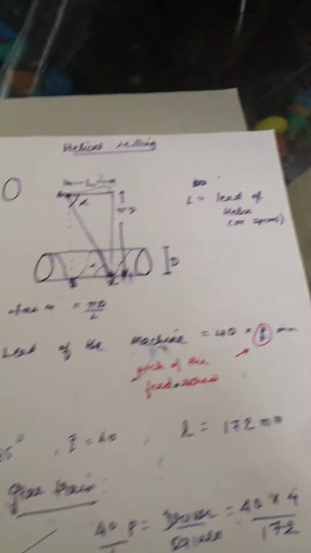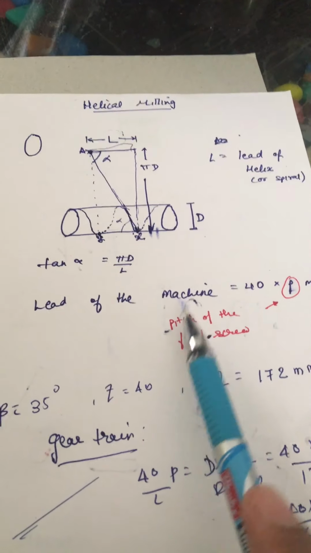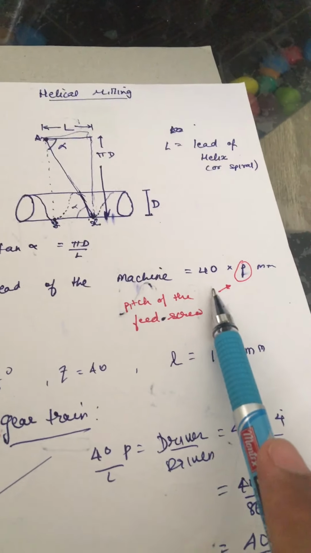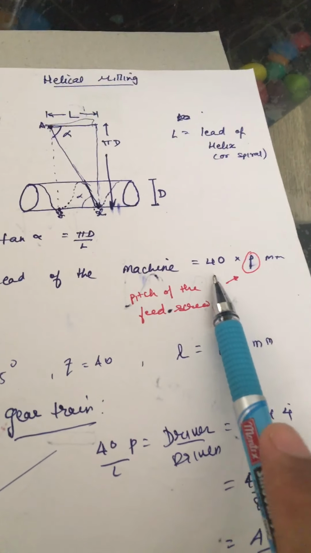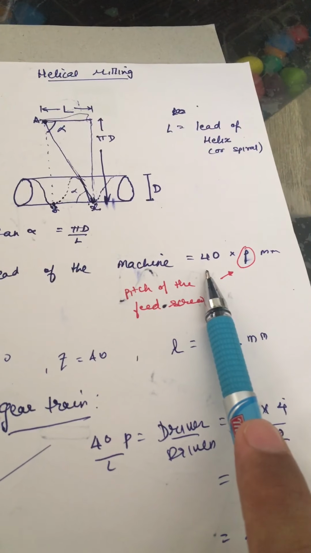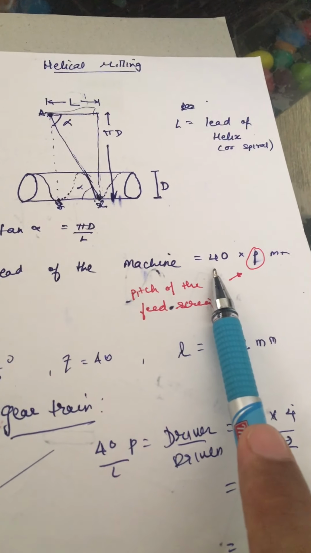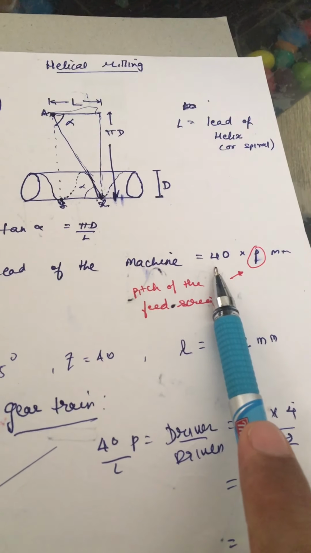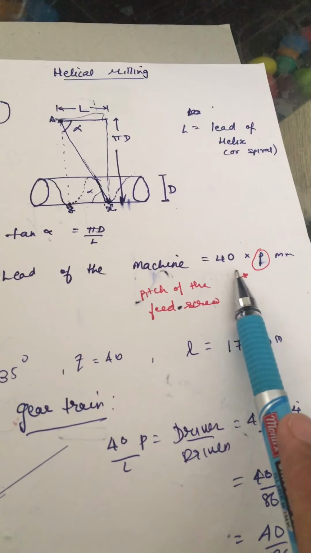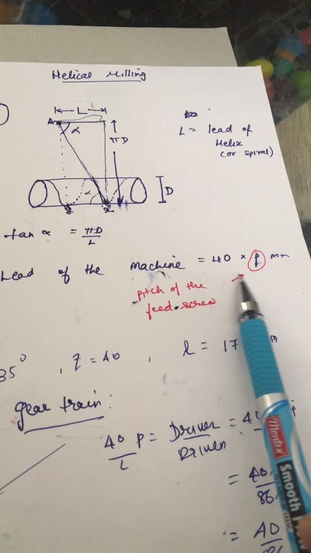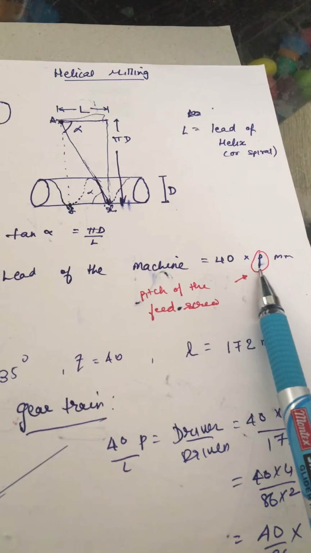That brings me to something called the lead of the machine. As we just saw, the worm shaft rotates 40 rotations to give one rotation to the job, and the same rotation is imparted to the table. The linear motion the table travels is equivalent to the pitch.